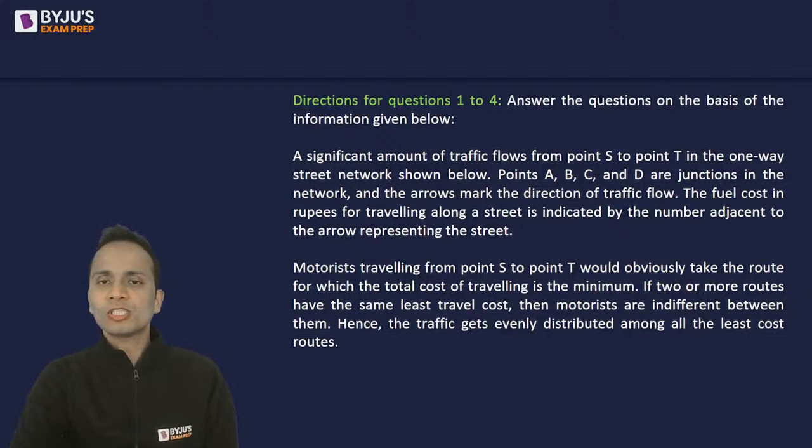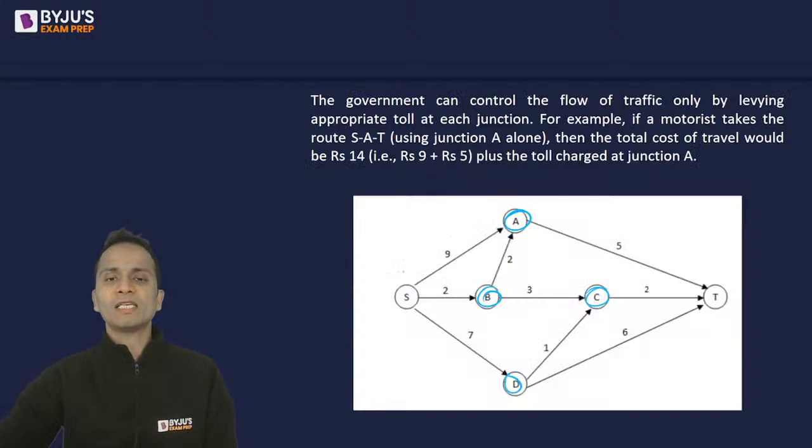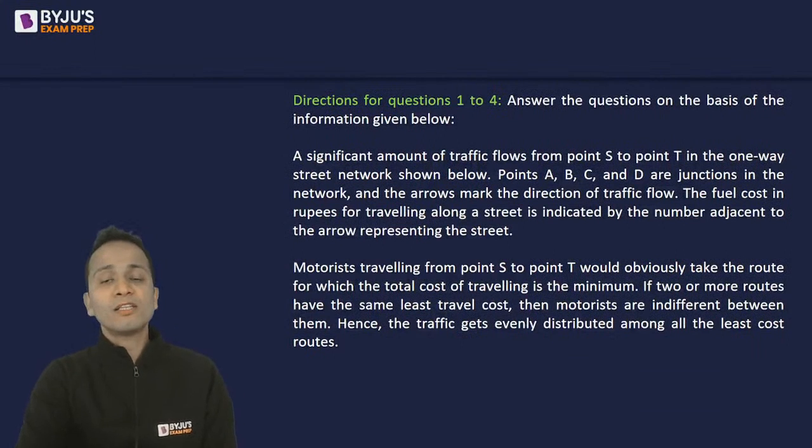The fuel cost in rupees for traveling along a street is indicated by the number adjacent to the arrow representing the street. So if I look at a street, let's say connecting S and A, the traffic will flow only in one direction from S to A, and 9 is the fuel cost that will be incurred.